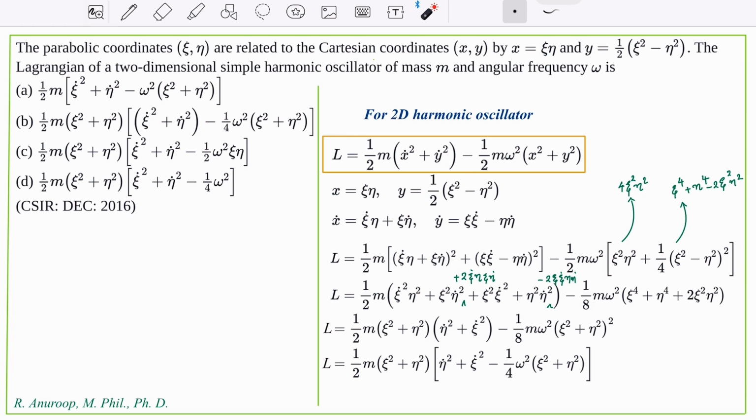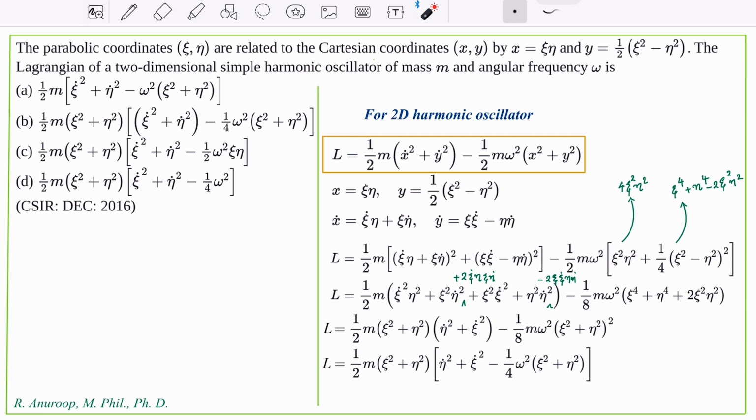Now if you observe, we have 4 times psi square eta square, and here you have minus 2 times psi square eta square, so you will be left with 2 times psi square eta square. Also you have psi raised to 4 and eta raised to 4. So the potential energy term is 1 by 8 m omega square (psi raised to 4 plus eta raised to 4 plus 2 times psi square eta square).